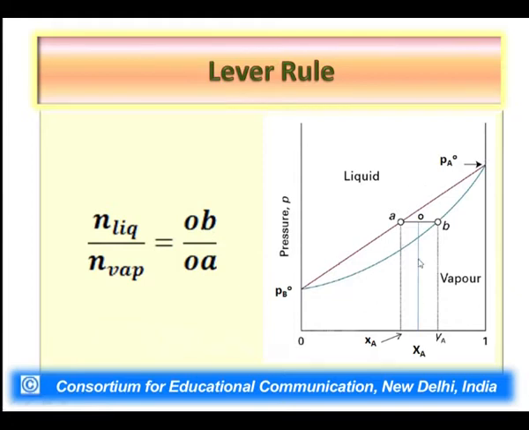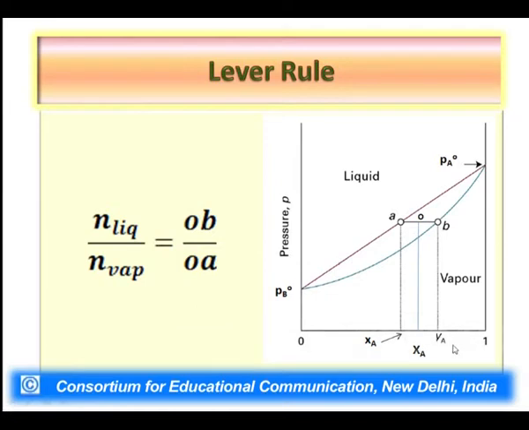From these two points A and B, you can draw perpendiculars to the x axis. The perpendicular from point A gives small xA, the composition in the liquid phase, and since point B lies on the vaporus curve, the perpendicular from point B on the x axis gives yA, the composition in the vapor phase.